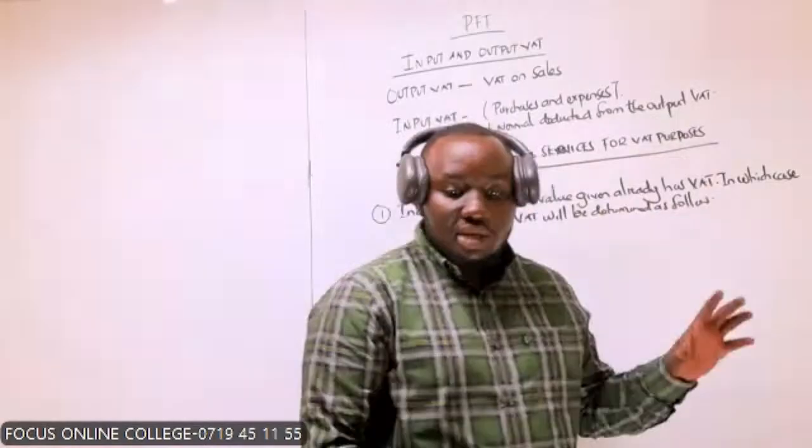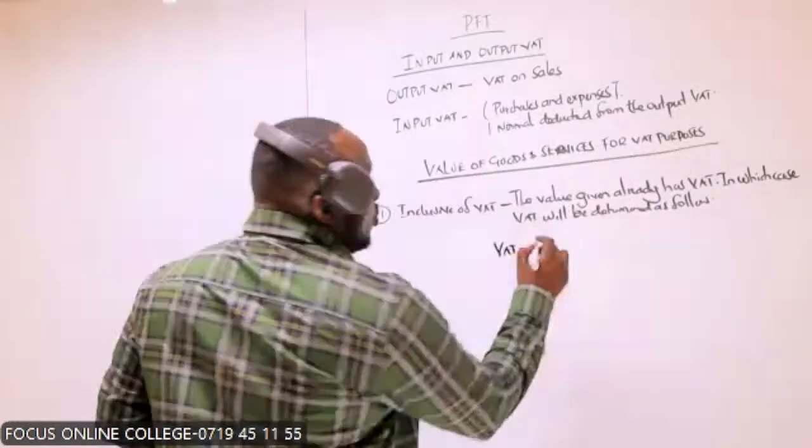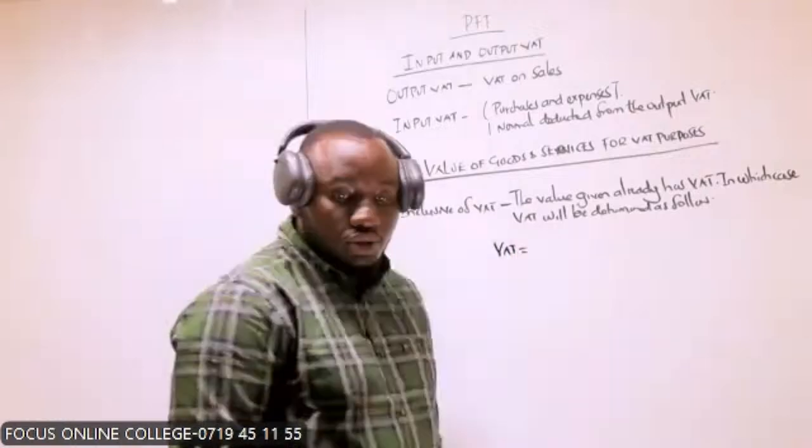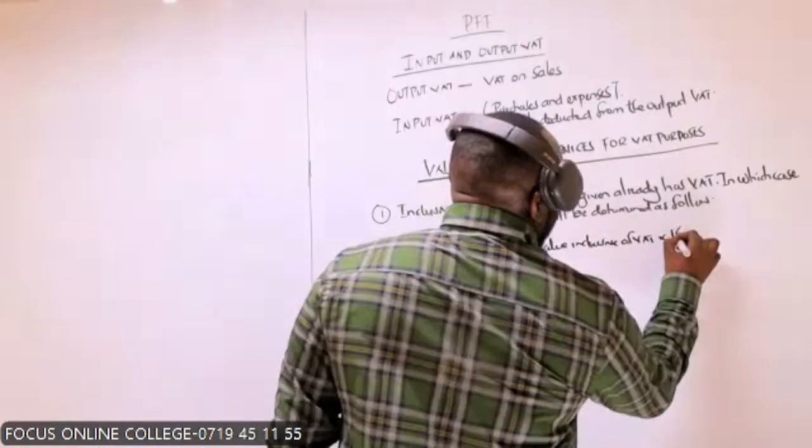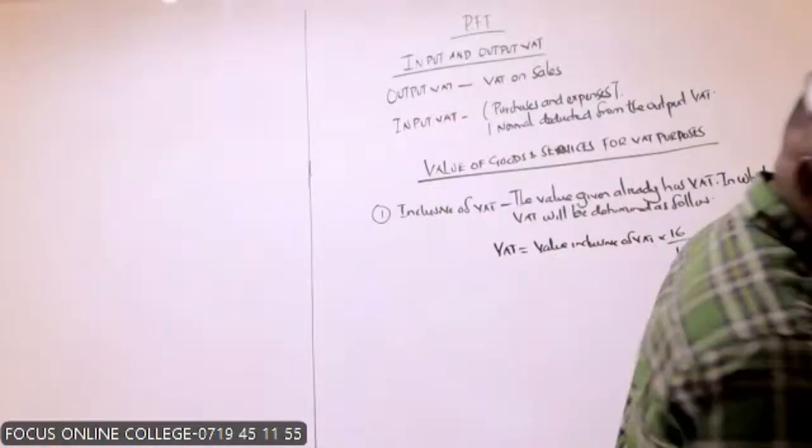So for us to determine VAT in that particular scenario, we'll say VAT is equal to the value inclusive of VAT times 16 over 116.